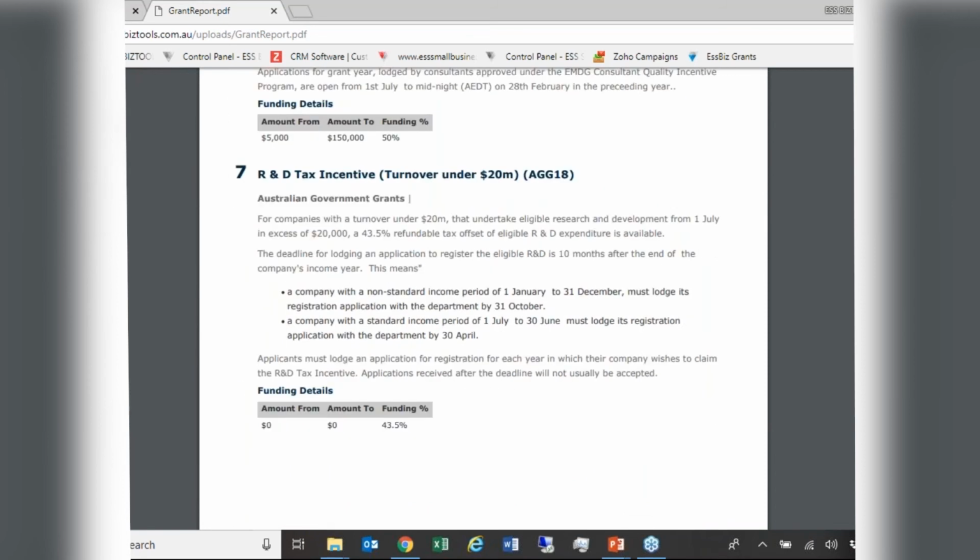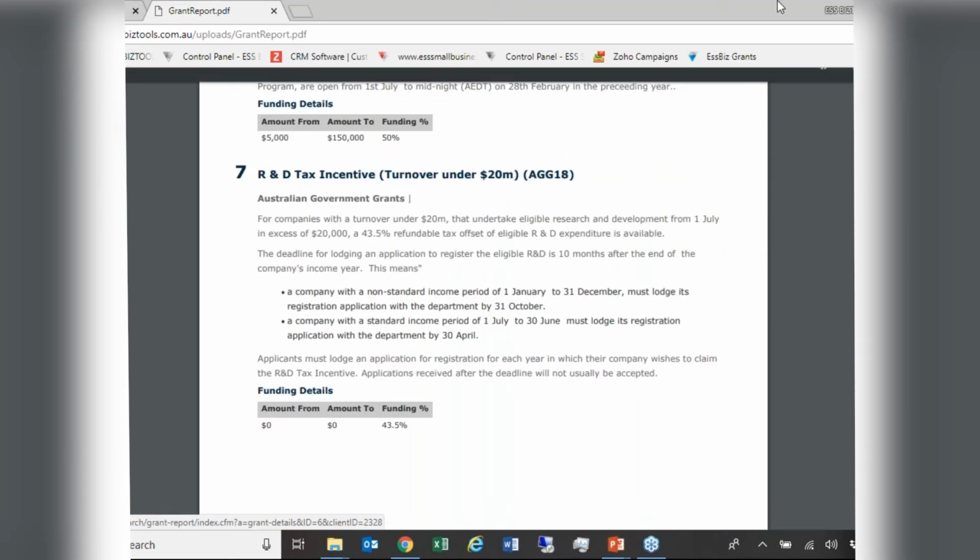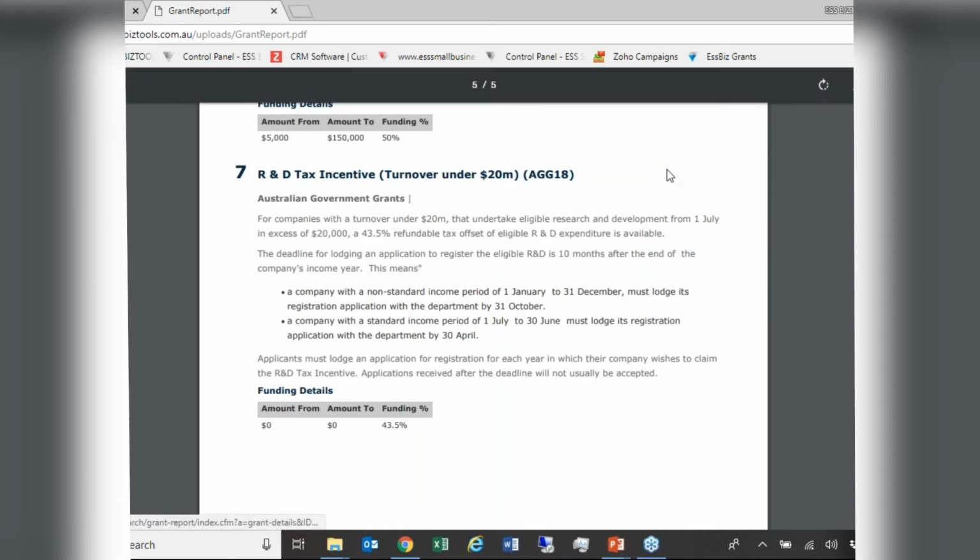And this business is a company, and they have spent in excess of $20,000 on research and development, so they could be eligible for the research and development tax incentive. So that's all summarised. So that's the grant report that you will receive.